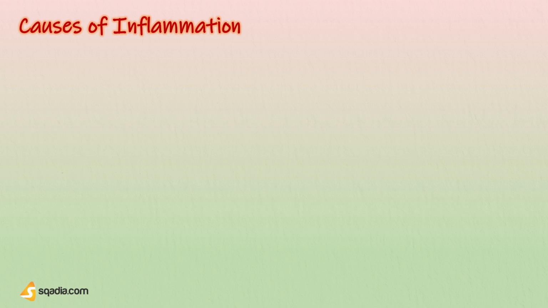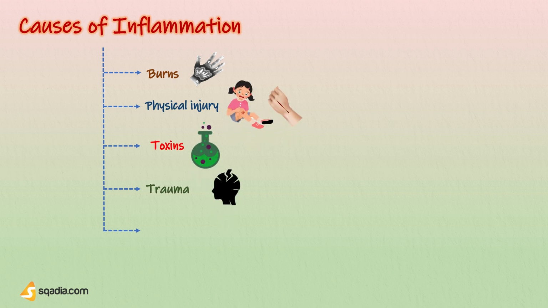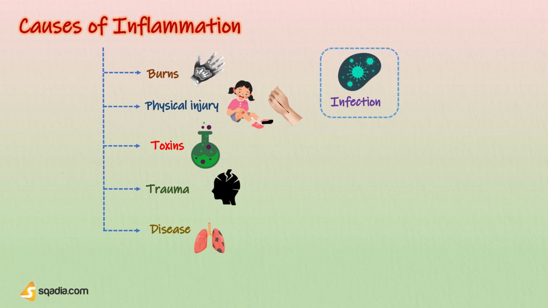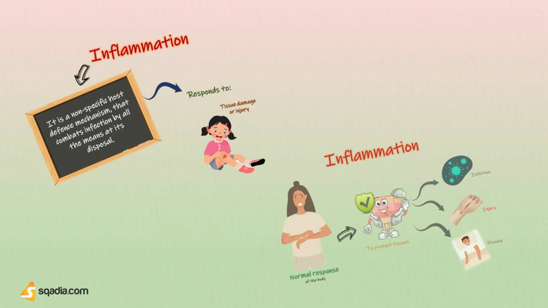These stimuli can be numerous, like burns, physical injury, toxins, or trauma, disease, or a medical condition, etc. But most inflammation is a response to infection by any pathogen or microbe. So, these stimuli, and thus the intensity of inflammatory responses, may vary. But the main goal of inflammation is to restore balance. So this was all about the general introduction of inflammation.